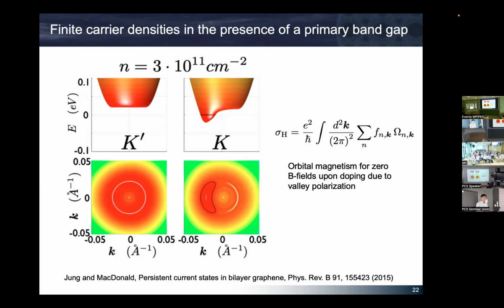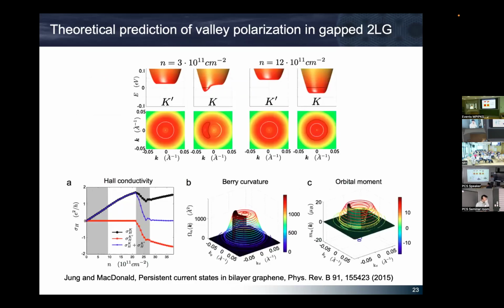So I just wanted to remind you about some earlier work in bilayer systems, but qualitatively many of the discussed features are quite similar. Only the strength is different. The overall behavior is that when we have a very small carrier density, we have both rotational symmetry breaking of the Fermi surface and valley polarization.